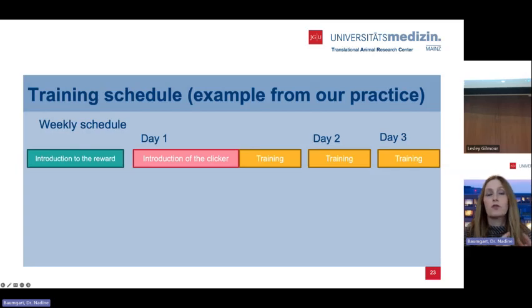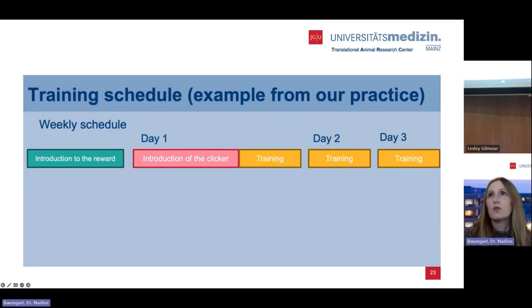So at first it took us a little time to introduce the reward. So we had some days in the time when the animals arrived, so they got introduced to the reward. Then the first thing is the introduction of the clicker training, and then we had in general 3 days of training.